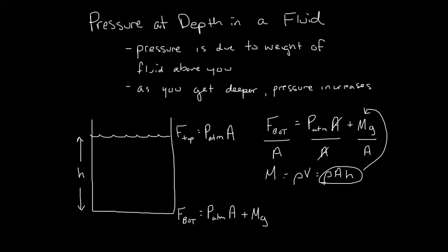And so the force at the bottom divided by the area then is just going to be the pressure at the bottom. And that is going to equal the atmospheric pressure plus rho times g times h, where rho is the density of the fluid that you're inside.